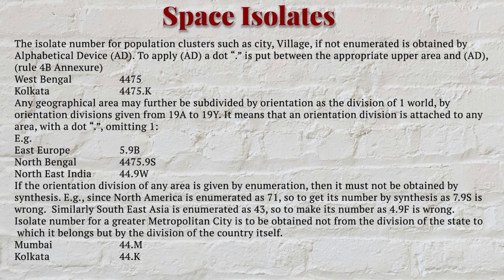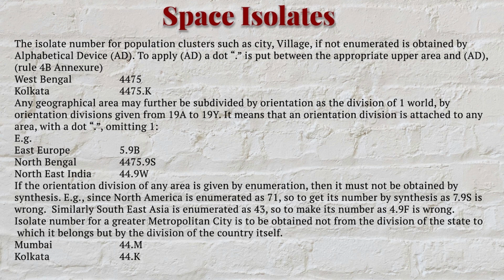Any geographical area may further be subdivided by orientation, as the division of one world by orientation divisions given from 19A to 19Y. It means that an orientation division is attached to any area with a dot, omitting the one.